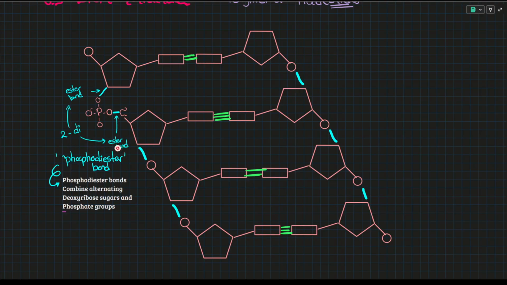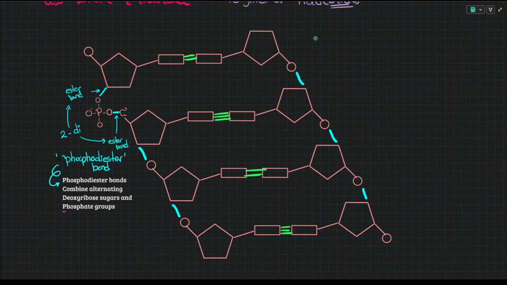Not a glycosidic bond, nothing like that. These are in nature ester bonds, but we don't call them just ester bonds. We call them phosphodiester bonds because of their nature. Two bonds, phosphodiester bonds. That's the first thing you have to understand.